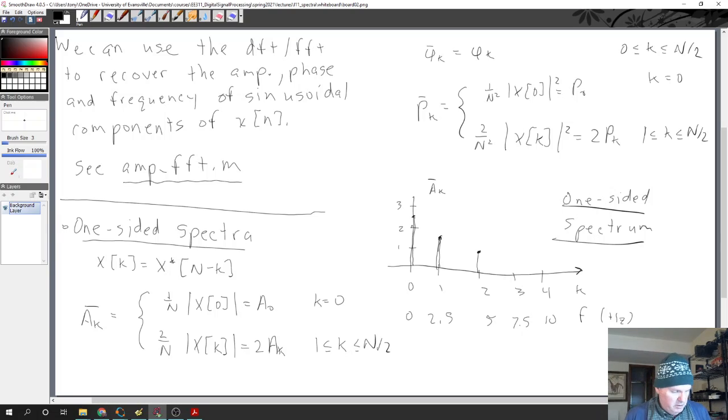The one-sided spectra is useful only when our time domain sequence is a real sequence. And although that is very common, sometimes, particularly in communication, we will work with complex sequences. So let me wrap up this video, and we'll continue this lecture with a final video on zero padding.